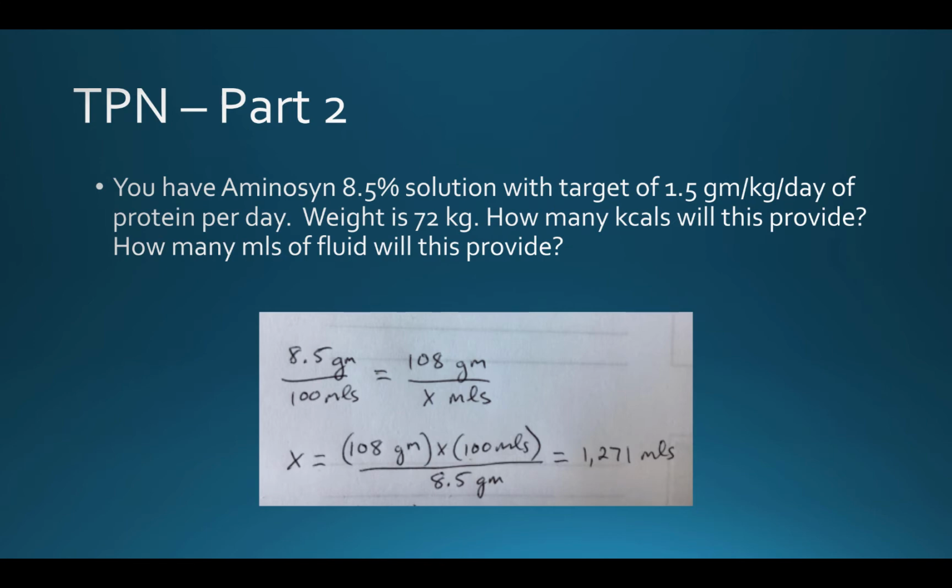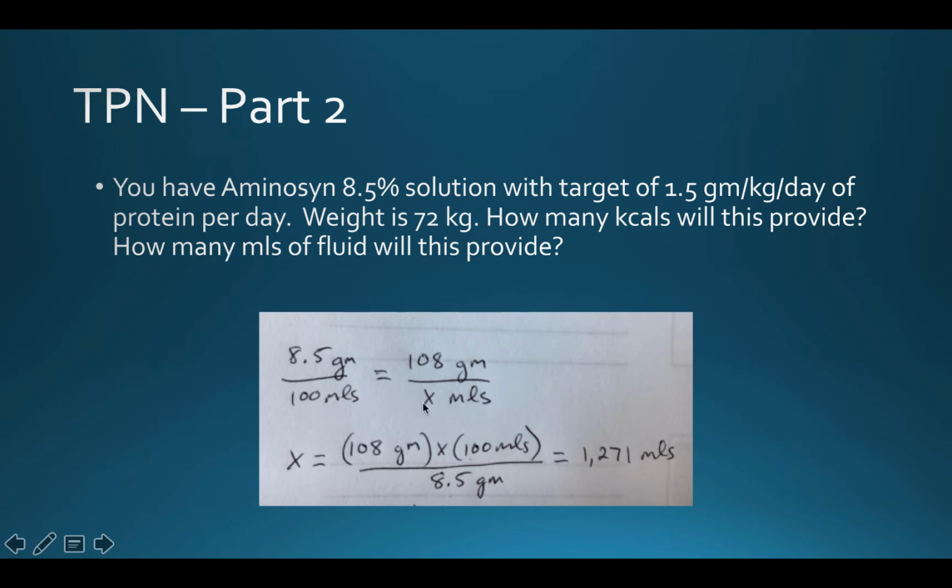Let's take a peek at that. So we know that we've got 8.5 grams per 100 mils, because that's what percent solution is. And that's equivalent to, we want a total of 108 grams. That's what we have for our total daily requirements. And we want to solve for X, how many mils is that going to take to get to 108 grams?